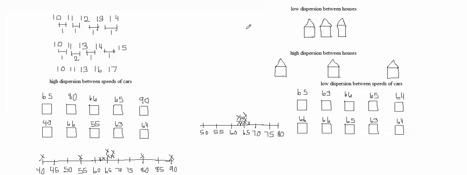So if every student got 75%, that would also give me an average, or a mean, of 75. That would be a very low amount of spread. It would actually be no spread at all. If every student earned 75, meaning every student had the same final exam score, that would be no spread.